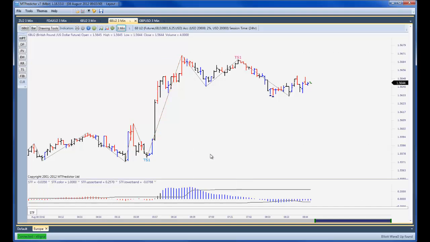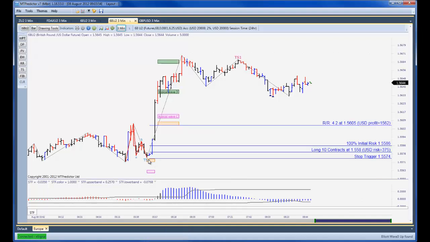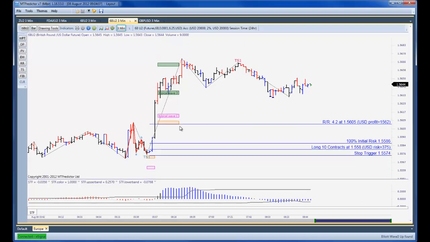Just clear that off. So therefore, when we find a buy setup, as we did here in this particular case, we place the analysis on. Remember, we're using correct position sizing here to keep this initial risk small and under control. We are not looking to come out at the first target, which is this level here. We're looking to come out at least into the third target, which is the typical wave 3 WPT.